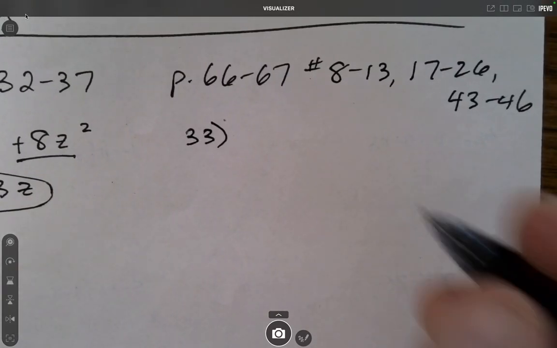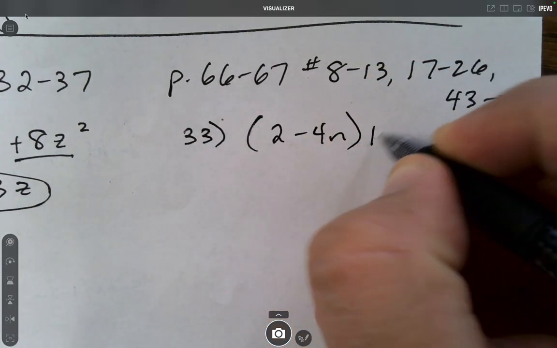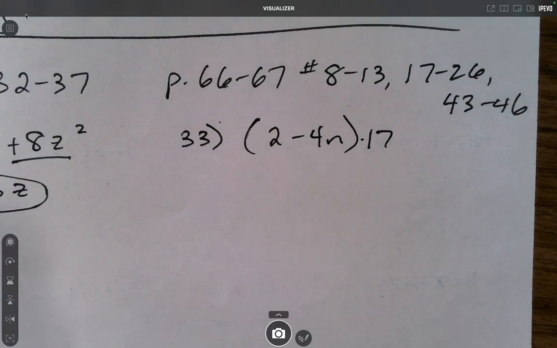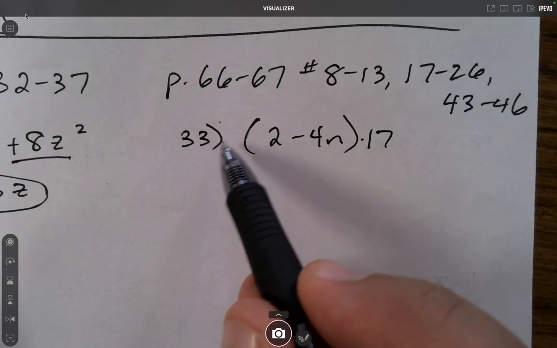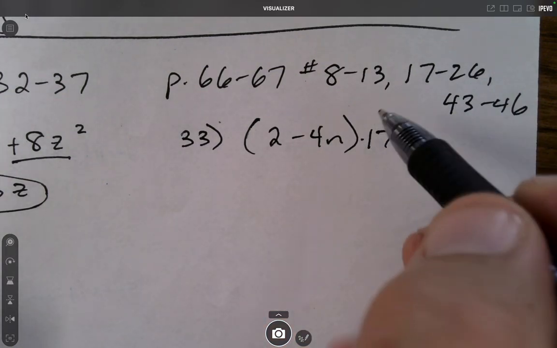Okay, now 33, we have 2 minus 4n times 17. So this is just requiring us to do the distributive property, because remember, the distributive property is used whether the number or term is on the front or the back of the parentheses. It works the same way either way.